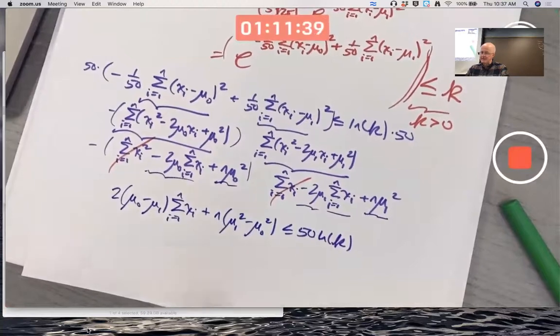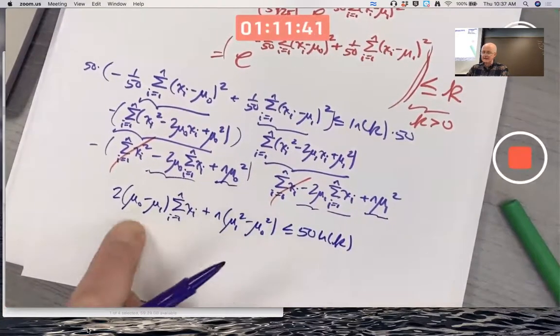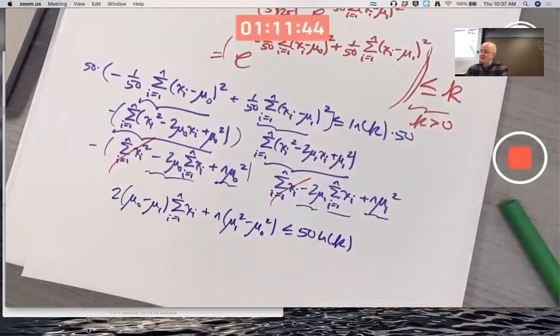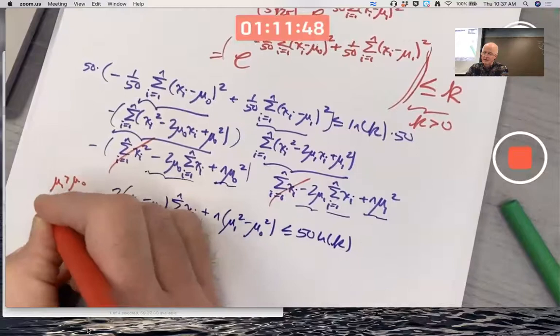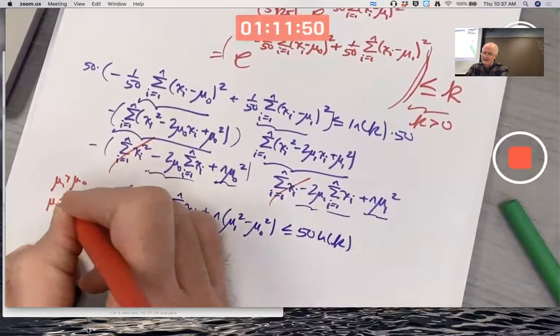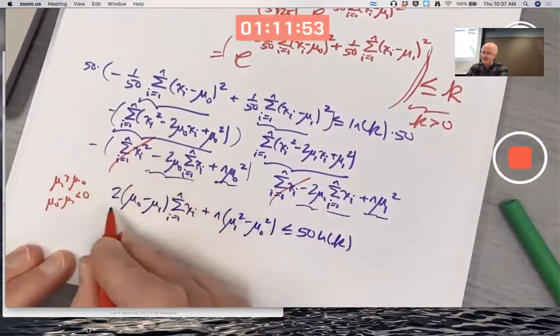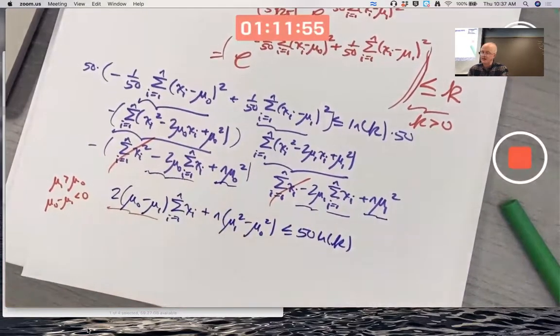Then we could subtract this from both sides and then divide both sides by this. And a little tricky, mu0, remember mu1 is bigger than mu0. So mu0 minus mu1 is negative. If I divide both sides by that, I have to switch the direction of the inequality.